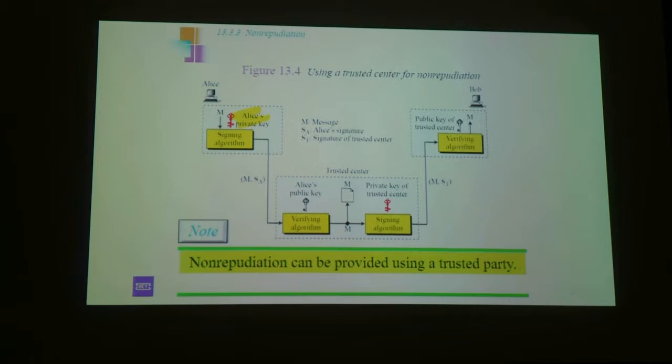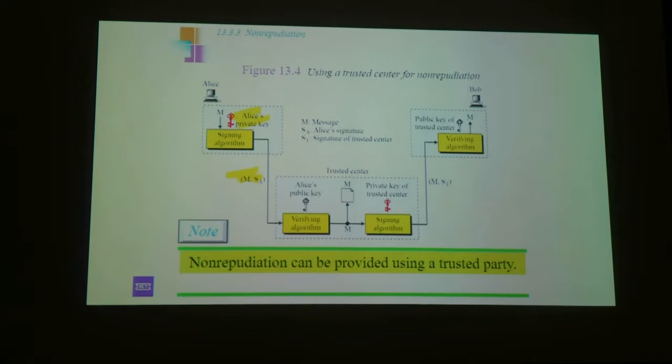It will be signed, and the message does not go directly to the recipient. It goes to a middle center. The middle center, which we call a trusted sender, receives it. Trusted by whom? By everyone, by the senders and receivers.